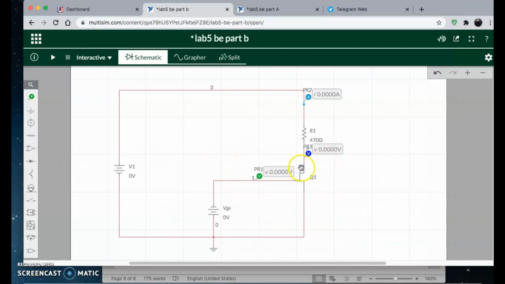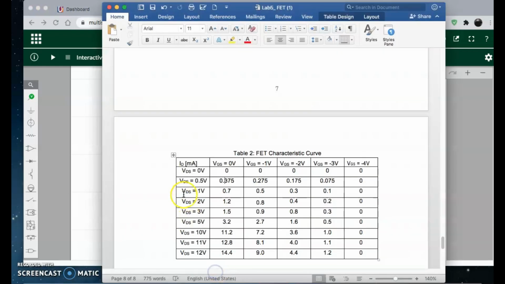So this one is VDS and this one is VGS. So we must set VDS like this one. So for example, VGS is 0 and VDS is 0.5 volt.